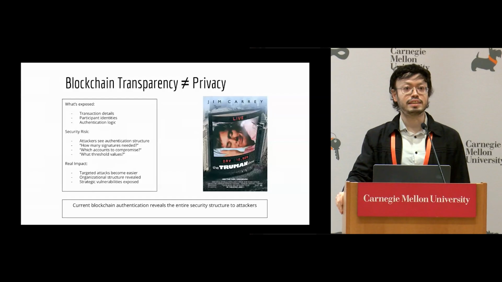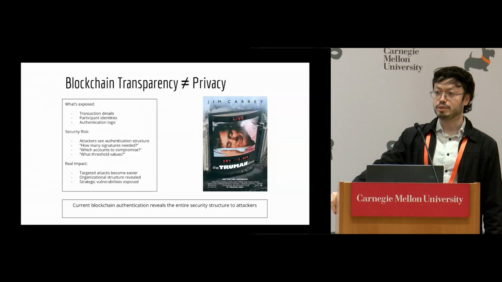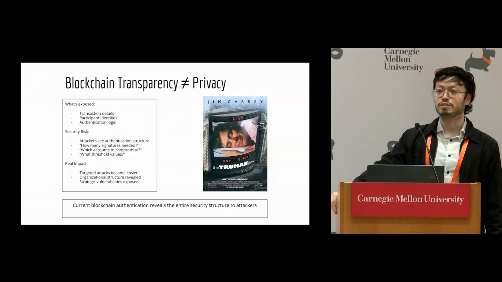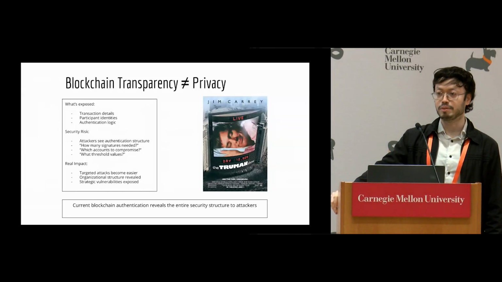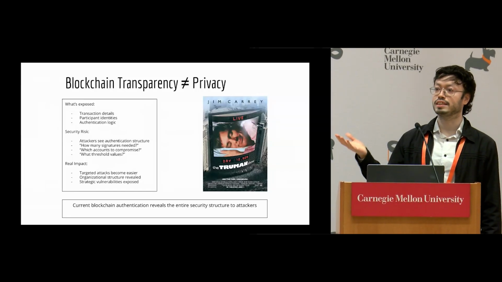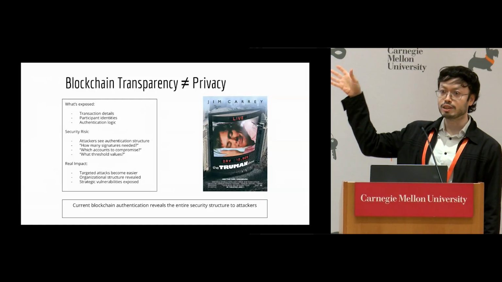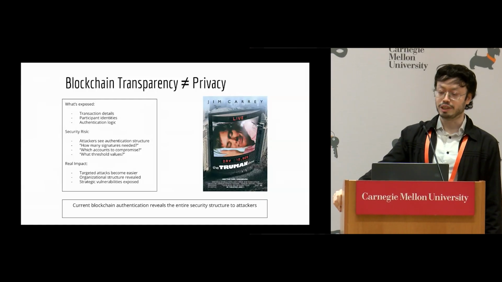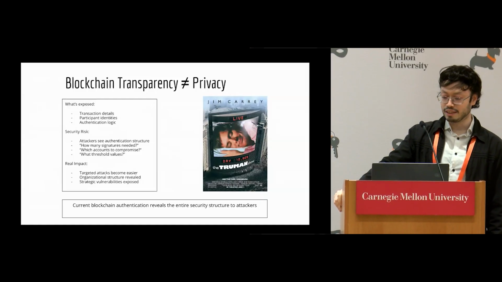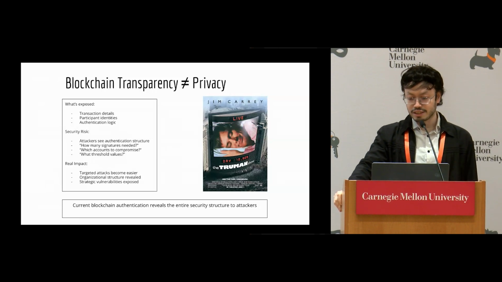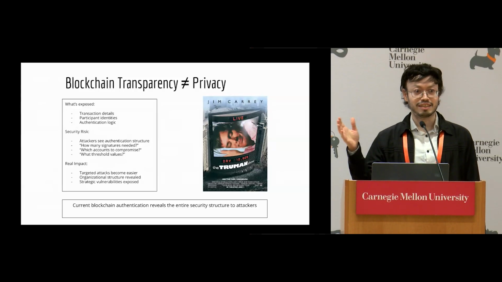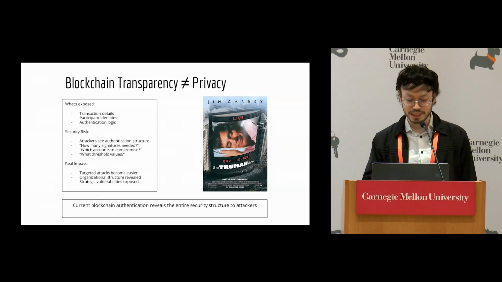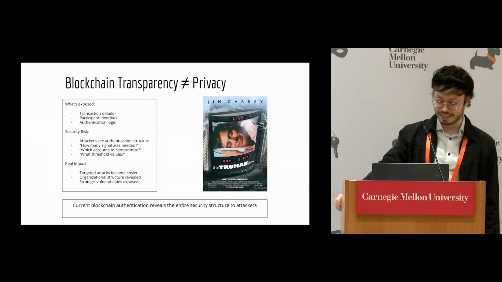Or imagine that you go on a camping trip with your friends and you are settling your rentals, expenses. All of those transactions will be visible on the web if you are doing it over a public blockchain. And it's not only potentially embarrassing, these transaction details, but it could be a security risk as well.